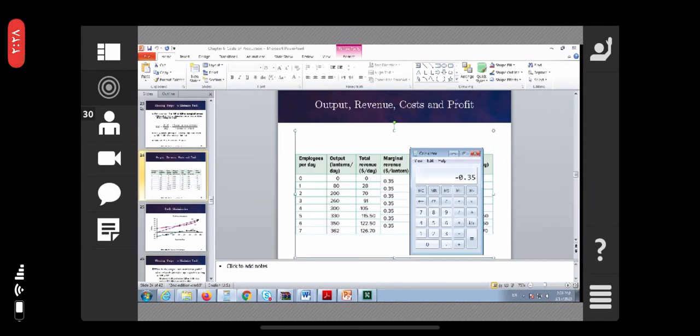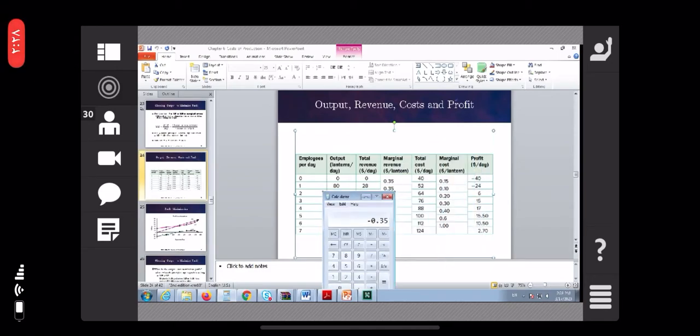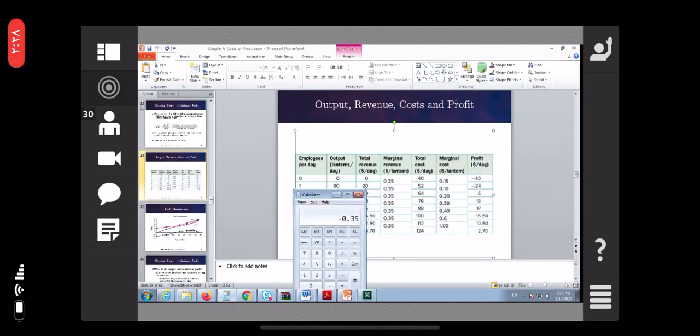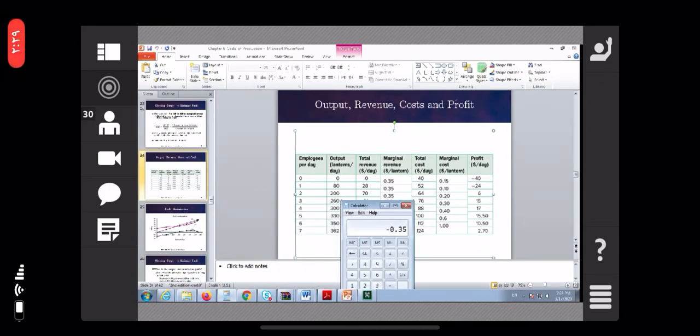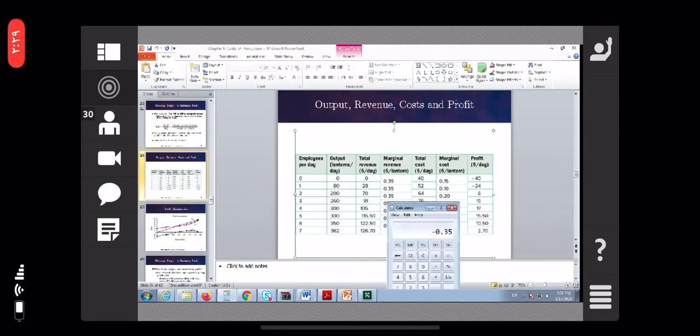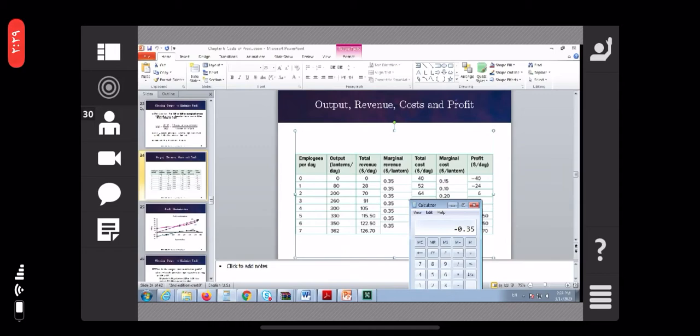The theory says to keep producing more and recruit more employees, from 1 to 2 to 3 to 4, until the marginal revenue here is greater than the marginal cost.